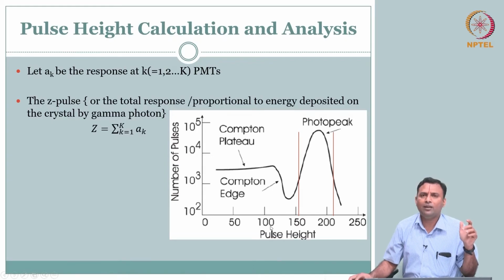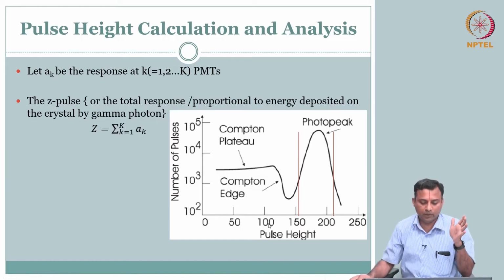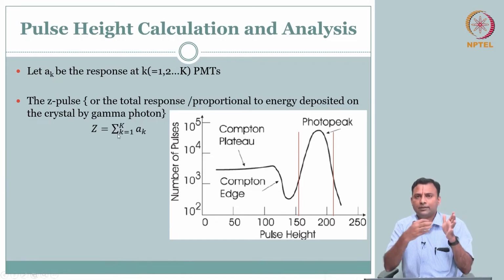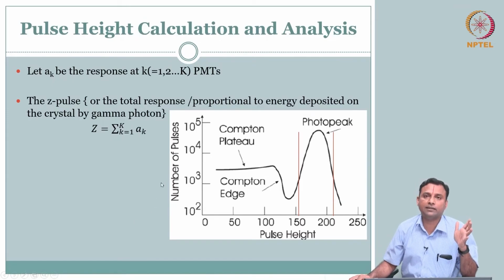Pulse height is correlated to the energy that came in, because it's a total. So, if you plot pulse height and number of pulses that came, you will see this kind of plot.